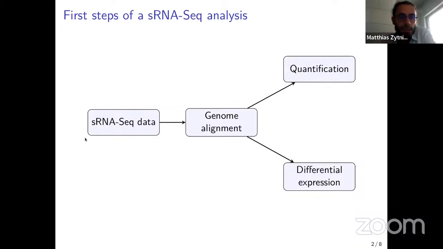Basically, you usually start with sequencing, and afterwards, most of the time, you align your reads to the genome. And then two possibilities: either you have only one data set, and you want to quantify your small RNA classes, for instance, microRNAs and so on, or you want to compare two data sets, and you want to do the test for differential expression.